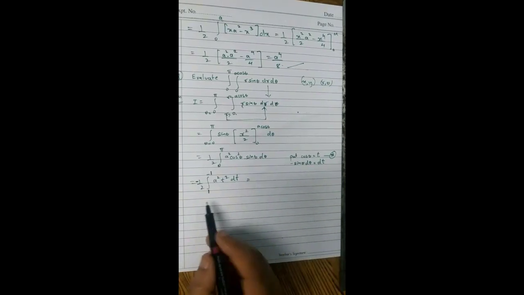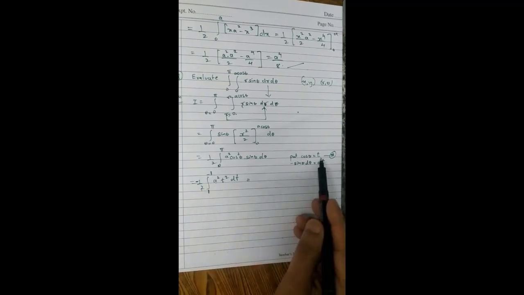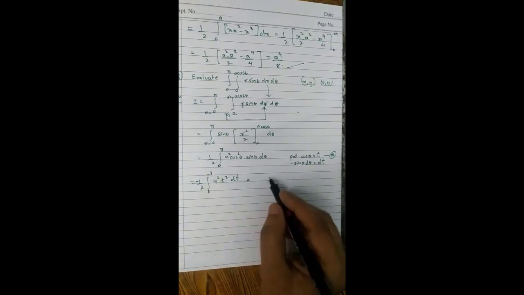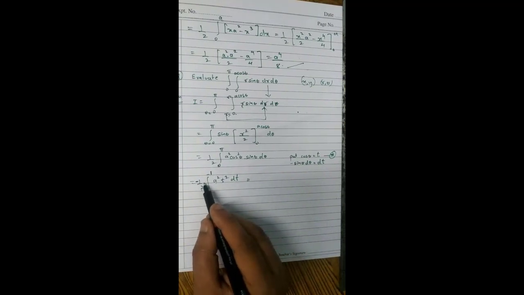So now this is minus a square by 2, integration over the limit minus 1 to 1 of t square dt, that is after substitution. Now you know by one of the properties, that if I change the limit points, then it is transformed by a negative sign.